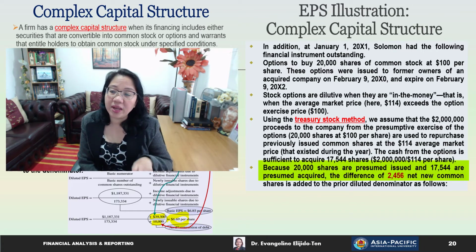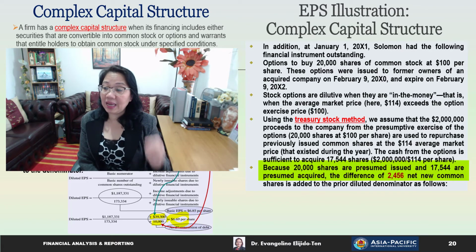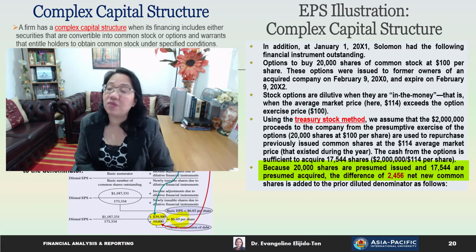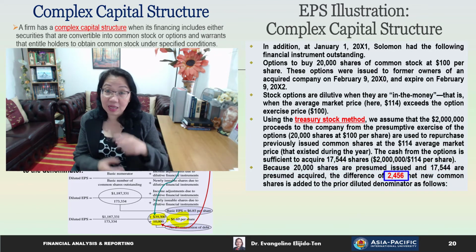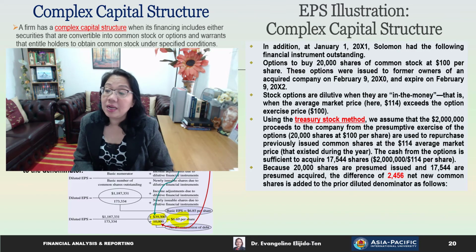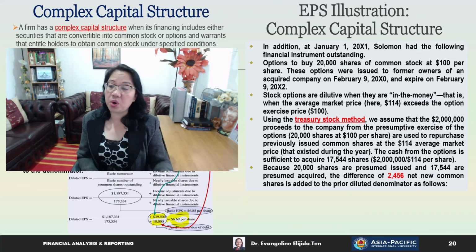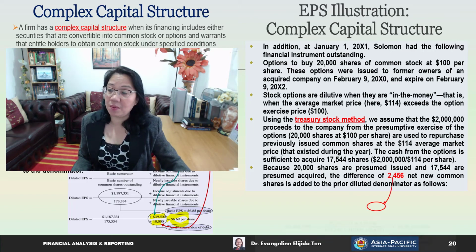So because 20,000 shares are presumed issued and only 17,544 are presumed acquired, the difference of 2,456 net new common shares will have to be added to the prior diluted denominator.